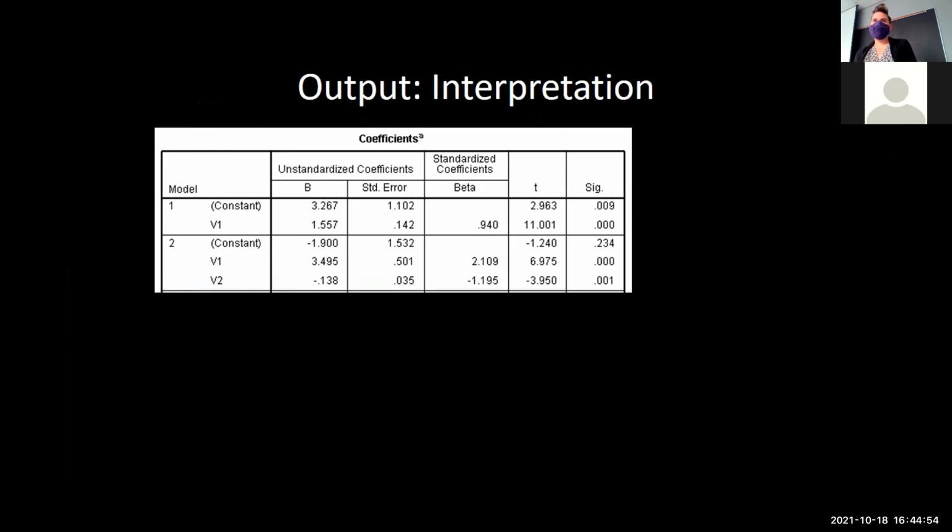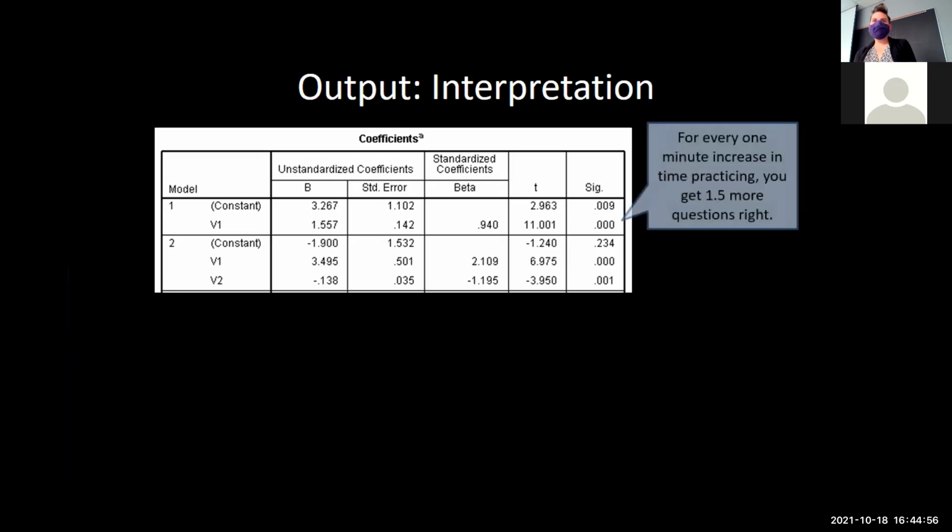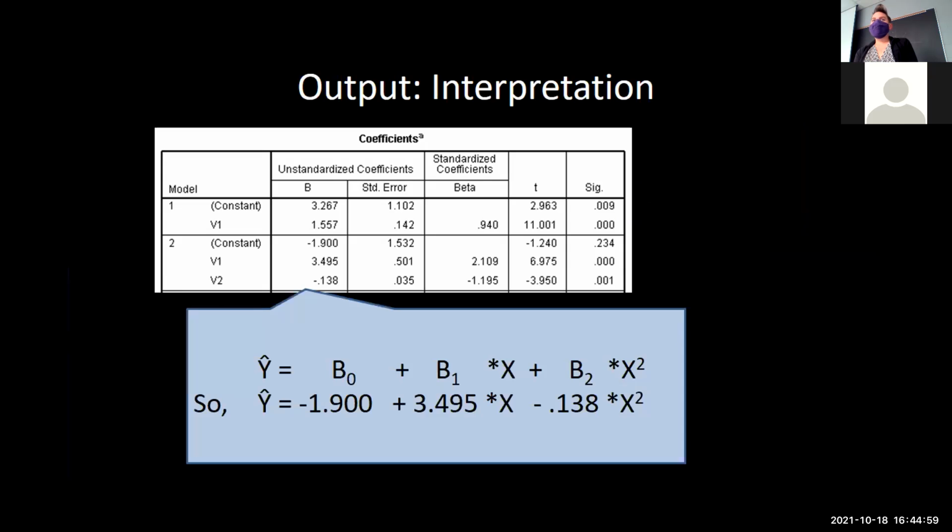Look, I give you all of those interpretations. Now, the other thing I give you here is the equation. Now you're pretty used to pulling things out of these sorts of tables and putting them into equations, I think. So you know where the B0 would go, the B1, and the B2.